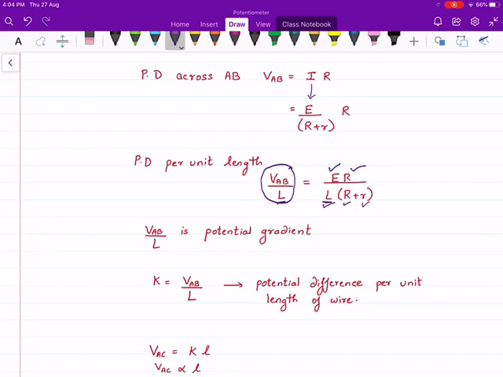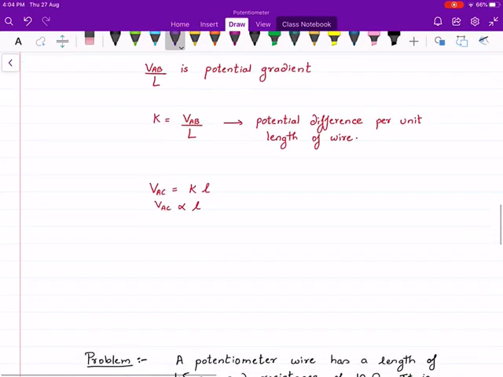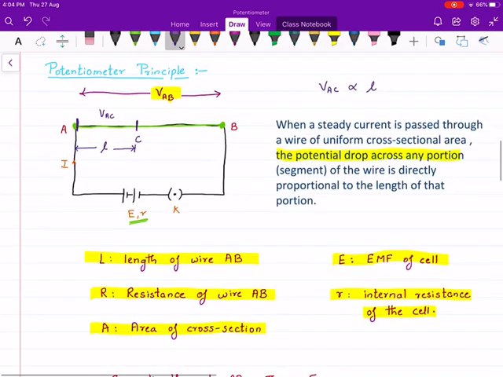For a given wire, this VAB upon L is a constant and it is called the potential gradient. It is denoted by K. K is equal to VAB upon L, where K is the potential gradient or the potential difference per unit length of the wire, right?